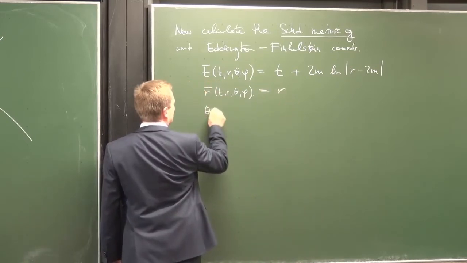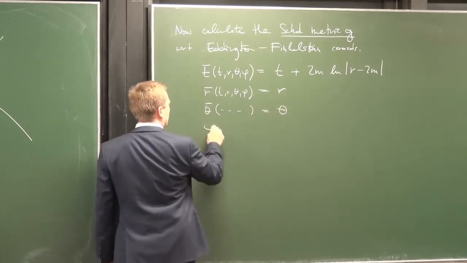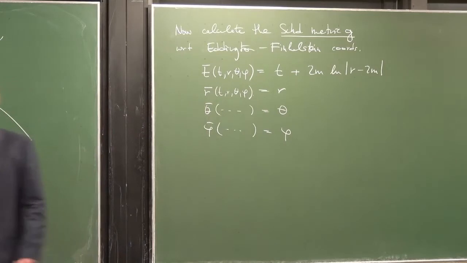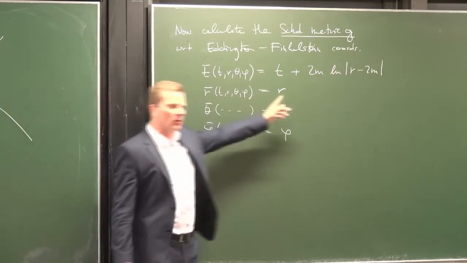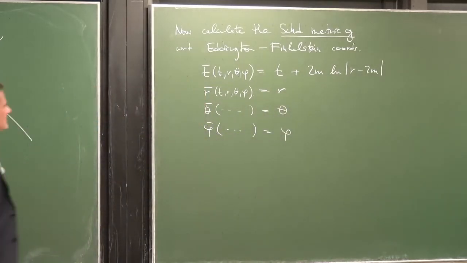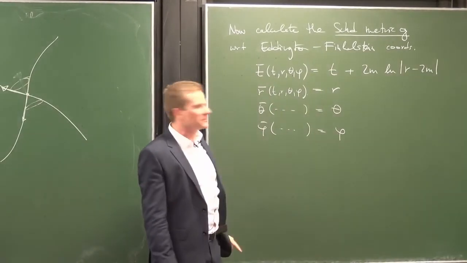You have a new theta like the old theta, and a new phi like the old phi. Informally speaking, we only change the t bar coordinate, but not so informally speaking, you have a new r coordinate, it just happens to be the old one. So you change the set of coordinates from unbarred coordinates to barred coordinates.